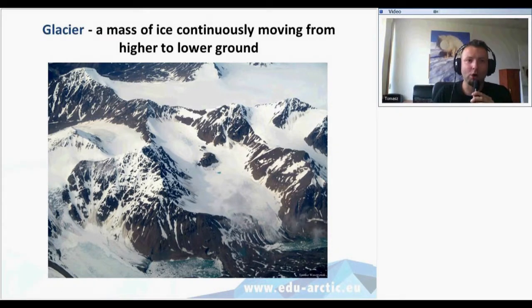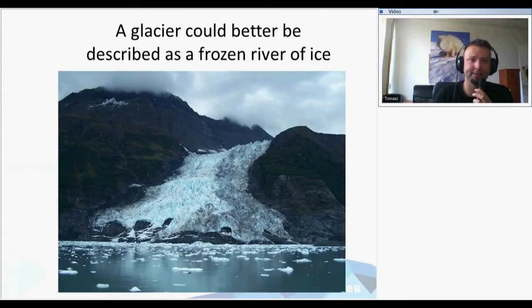It's a mass of ice that continuously moves from higher to lower ground. In other words, it can be said that a glacier can be described as a frozen river of ice. But rivers have liquid form of water.